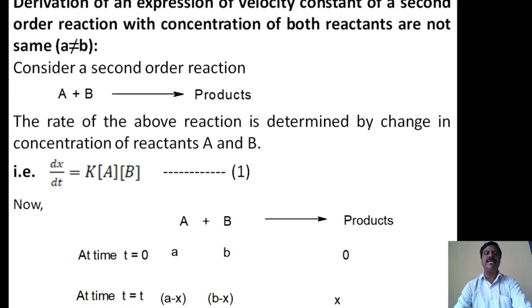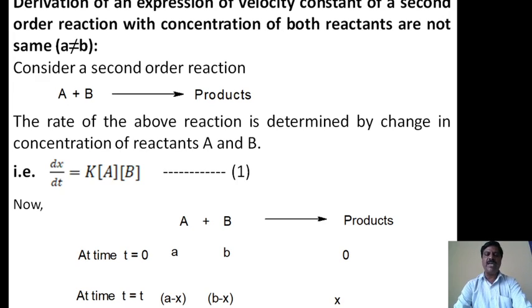Let X be the amount of reactant converted into product. Then after time t, the remaining concentration of the reactant A is A minus X, the remaining concentration of B is B minus X, and the product will be X.